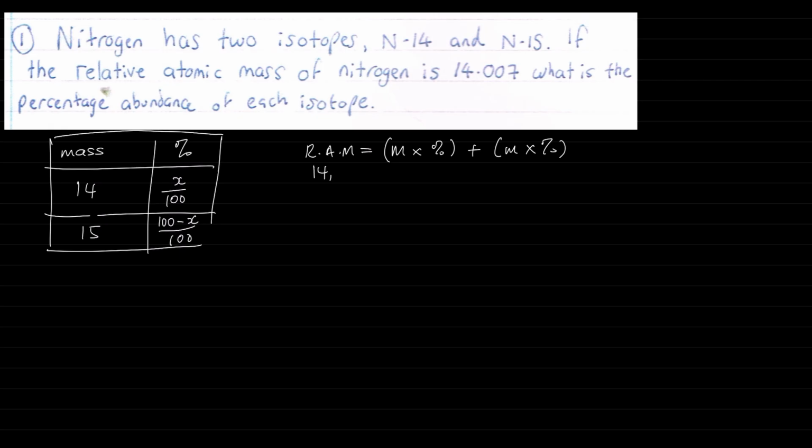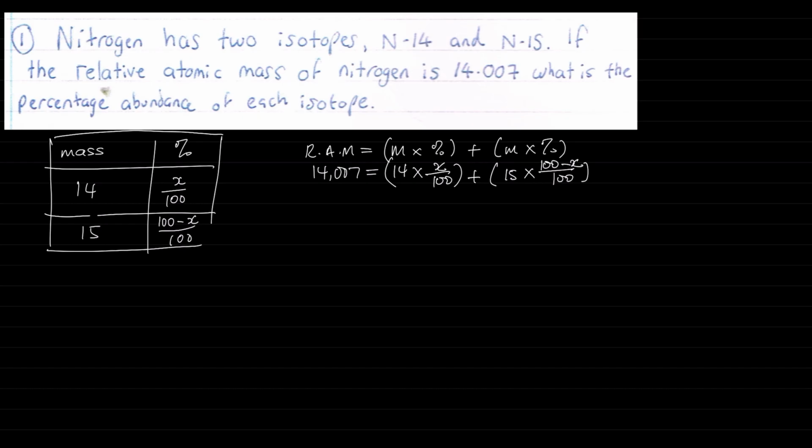So 14.007 is equal to, the first mass is 14 times x over 100 plus the second one is 15 times 100 minus x over 100.